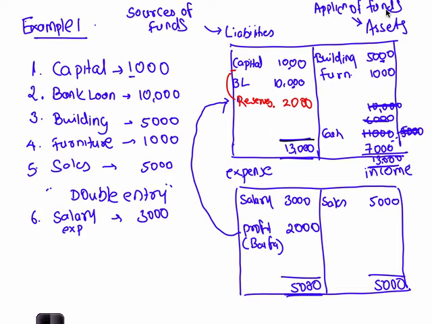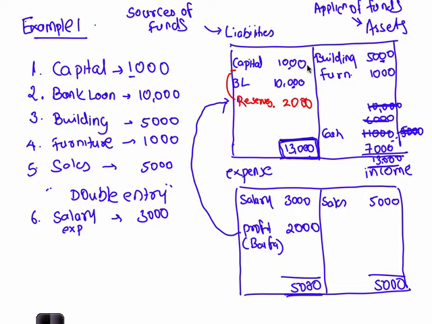So you need funds. This business has got those funds from which places? Owner invested 1000 of their own. Bank invested how much? 10,000. And the profit that they had made, they reinvested in the business, which is called reserves, 2000. So your total sources were 13,000.